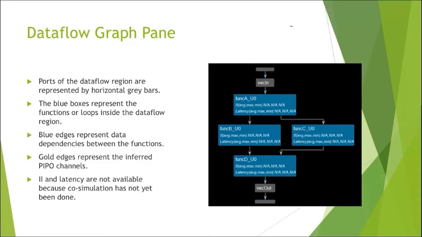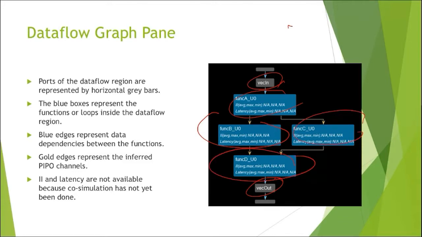This is the data flow graph after the C synthesis, and you can see it shows the data dependency right over here. First of all, the ports are shown in the gray horizontal bars, which is here and here. They are the ports of the top function, diamond. Also, these four blue boxes show the subfunctions or the loops, but we don't have loops here, so they mean subfunctions in the top function.